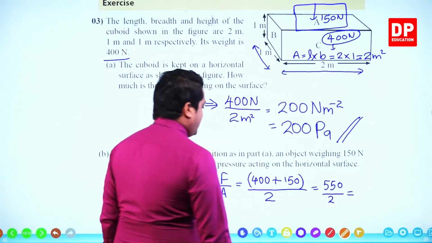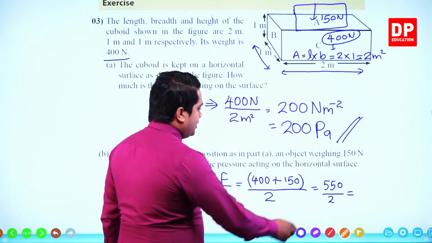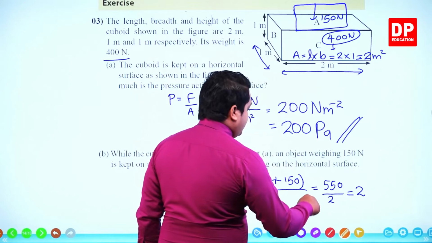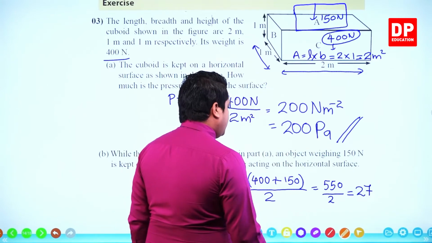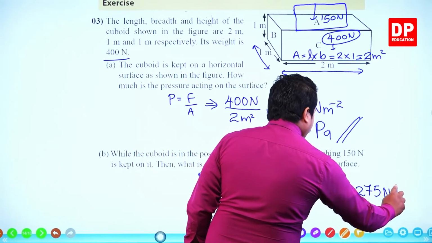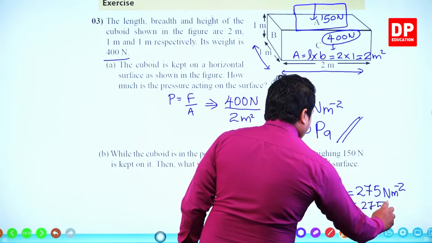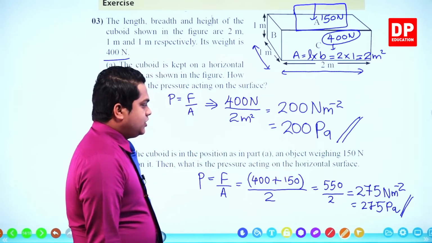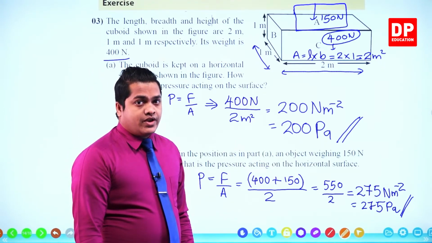When you divide 550 by 2, 5 divided by 2 is 2, 1 remains, 15 by 2 is 7, 1 remains, 10 by 2 is 5. That is 275 N m^-2, or else 275 pascals. These are the answers: 275 pascals or 275 newtons per square meter.